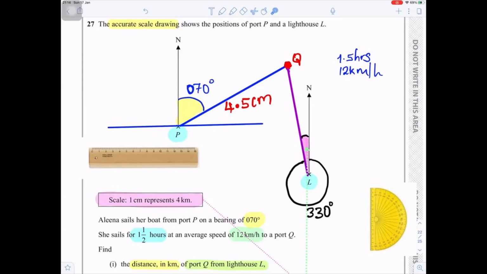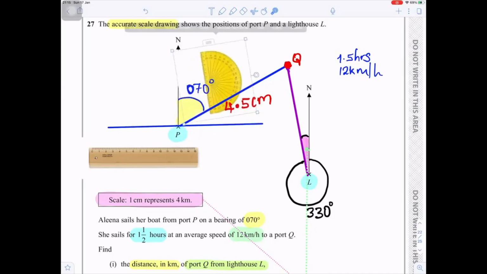So what we want to do is draw the bearing 070 degrees. To draw that bearing of 070 degrees from P, we would use your protractor and measure the angle of 70 degrees.